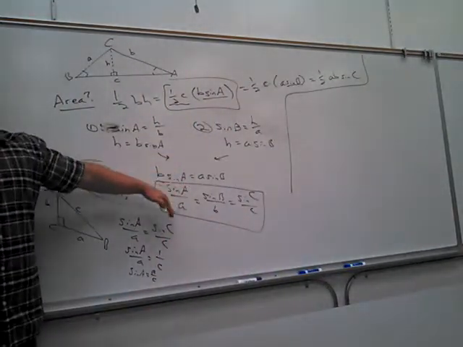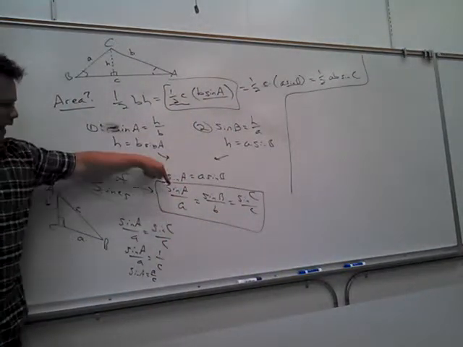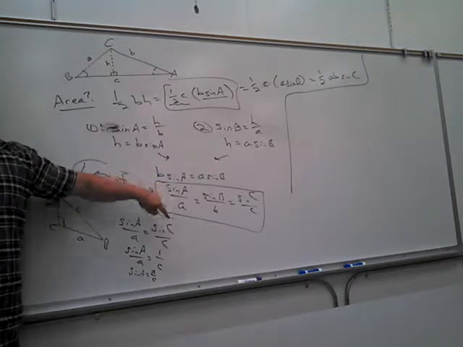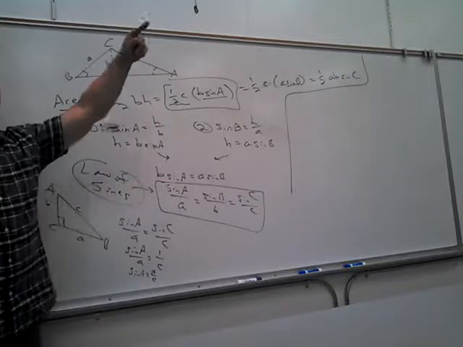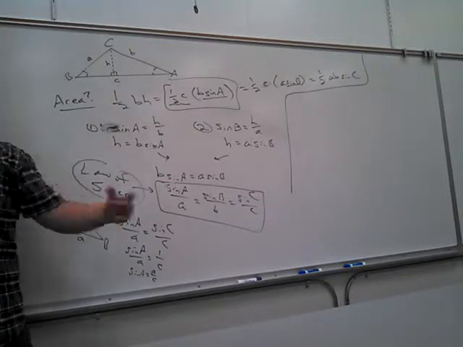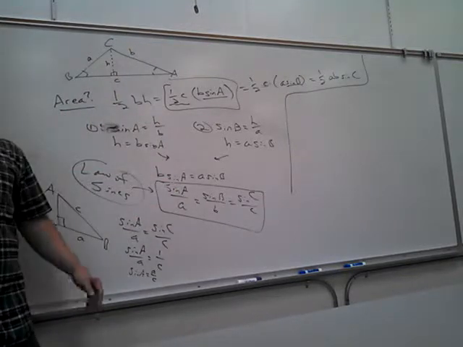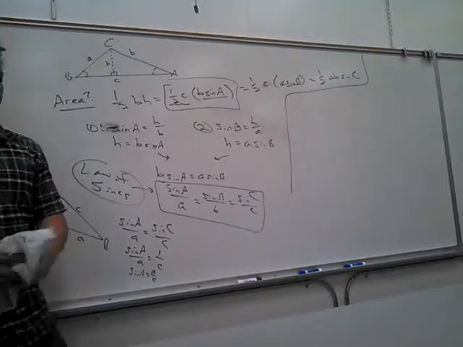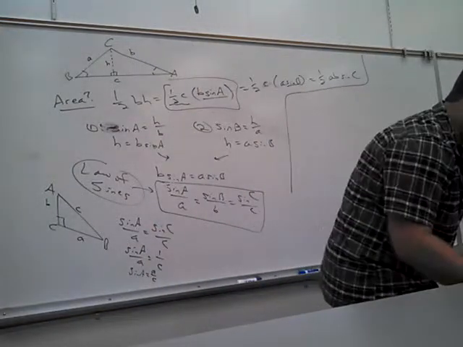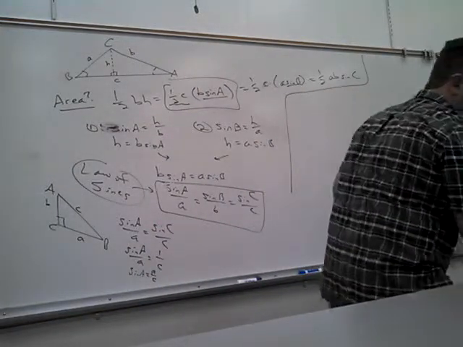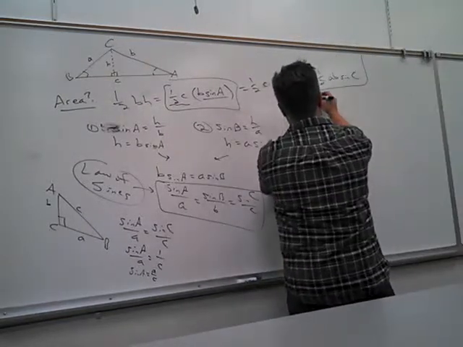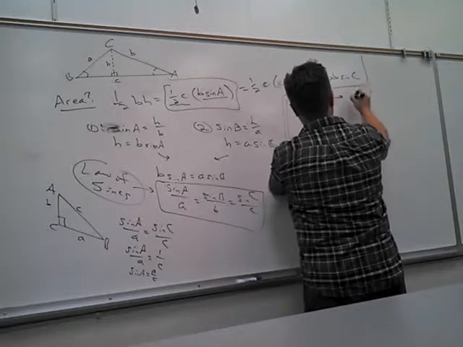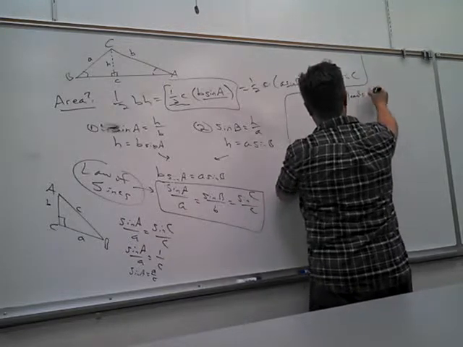I can only use this rule when I can actually create one of these ratios. If I don't have an angle and its side anywhere, I can't create one of the ratios. I can't use this. So the two situations this goes with are the one that I already told you was SSA, that leads to trouble.